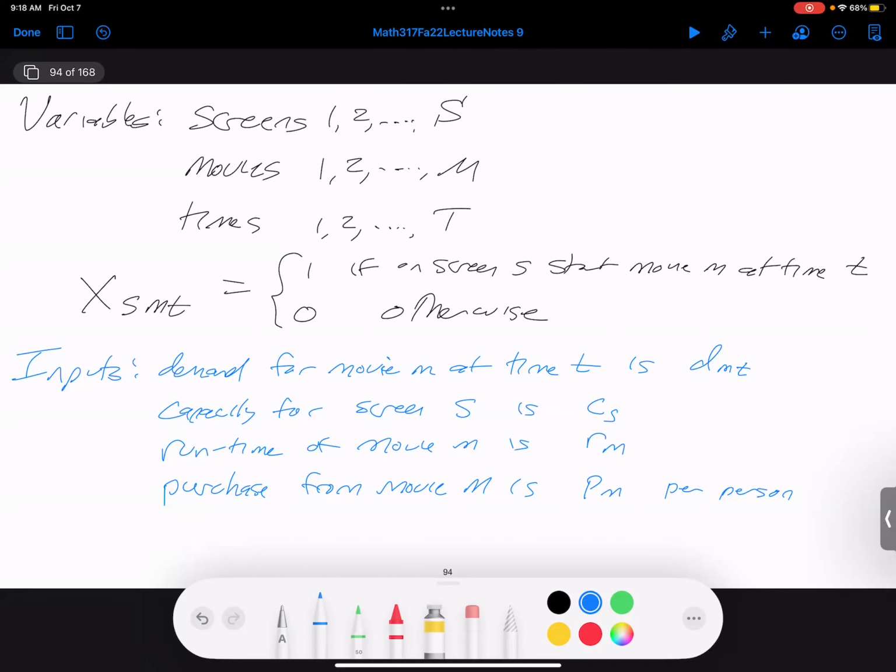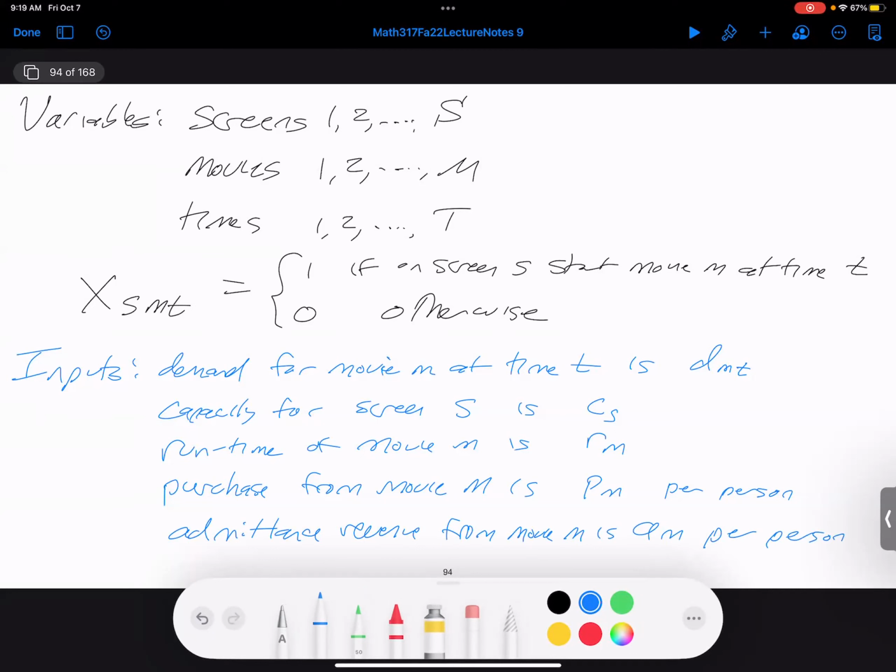B for billet, is that ticket in some languages? How about A for admittance. Admittance, there we go. Admittance revenue from movie M is A sub M per person.